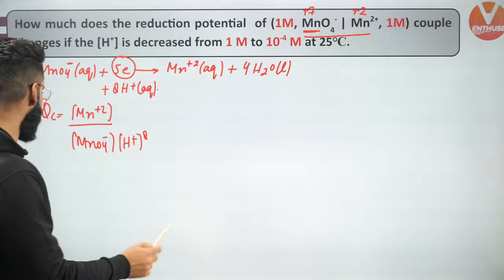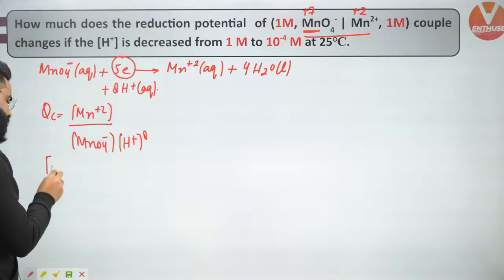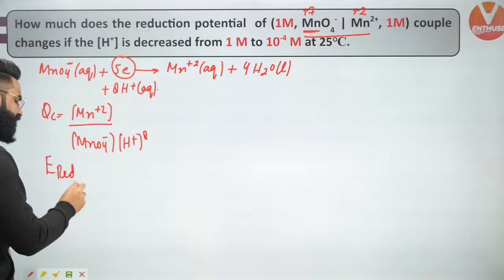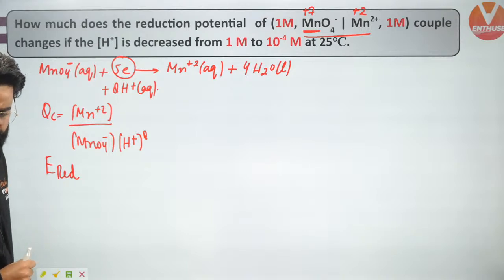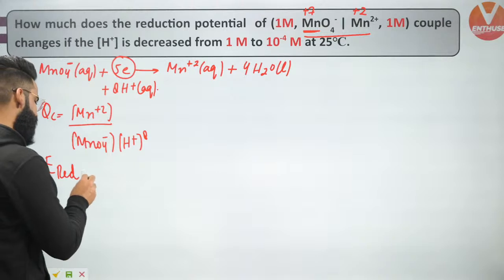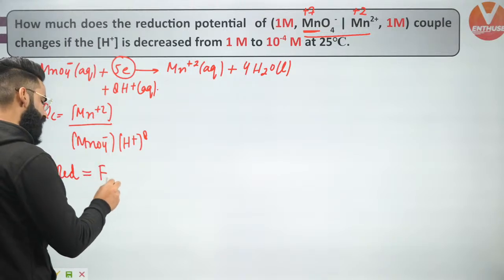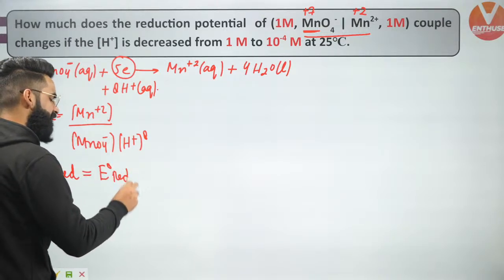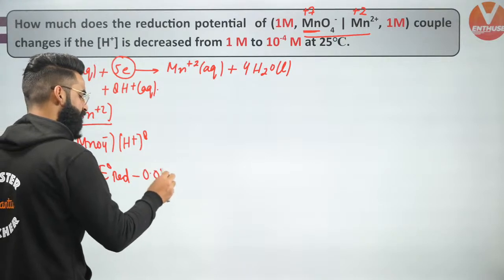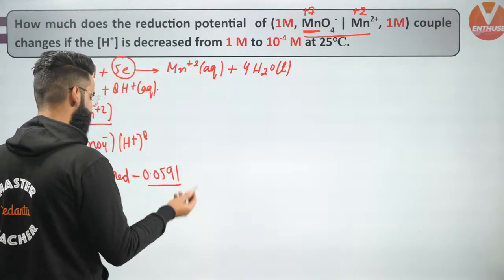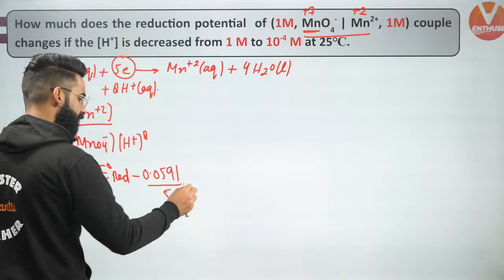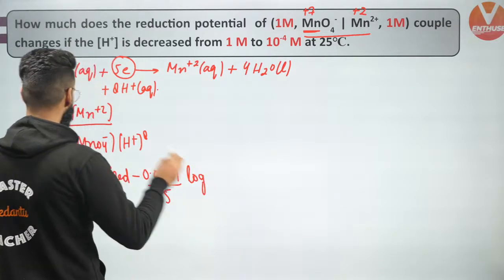Okay. Now people, I can simply write the expression of Nernst equation right here. I can simply use the Nernst equation expression. It's going to be reduction potential of the electrode is equal to E naught red, standard reduction potential, minus 0.0591 divided by N. N value we got to know as 5. And it's going to be log of QC.